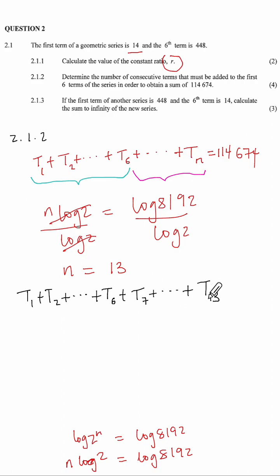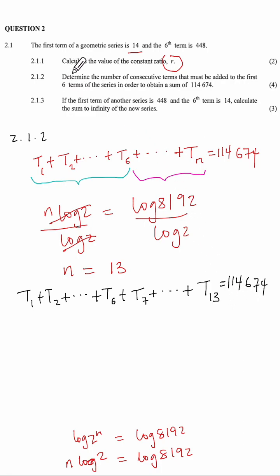If I add up all these 13 terms, the first 13 terms in my geometric series here, the sum that I would get is this 114,674.